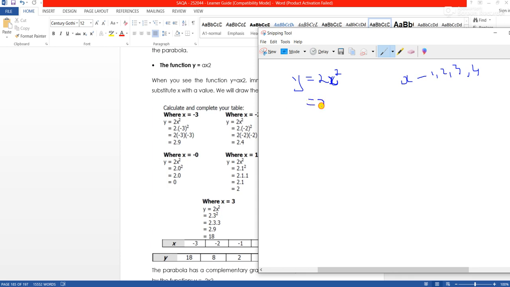We can substitute by inserting 1 to the power squared, 2 to the power squared, 3 to the power squared, 4 to the power squared.